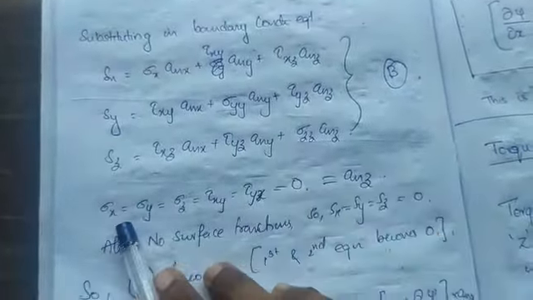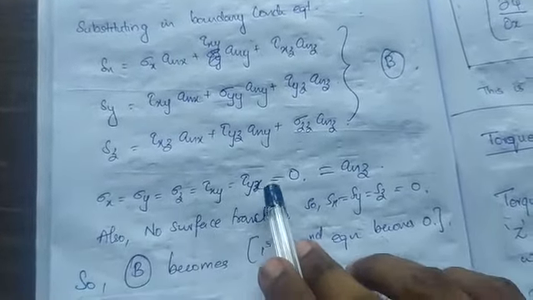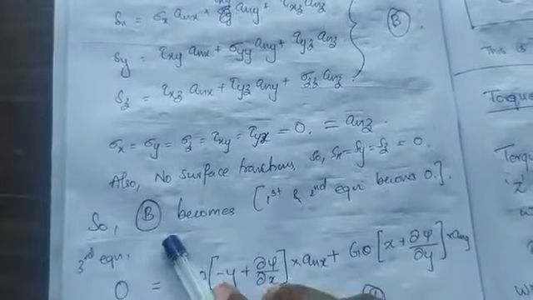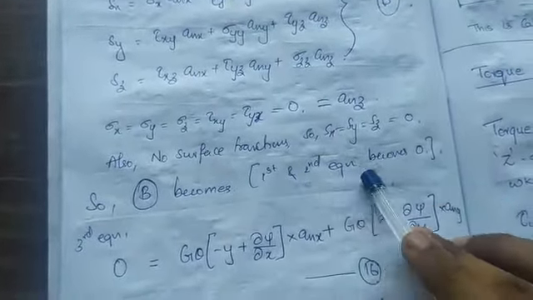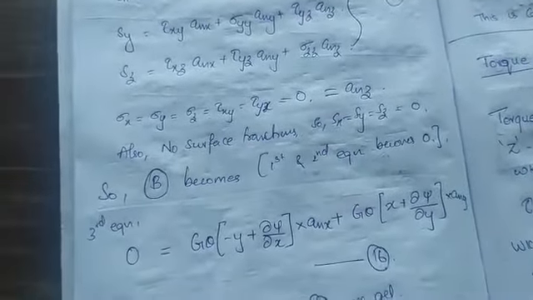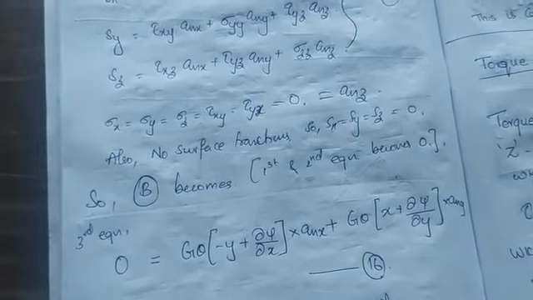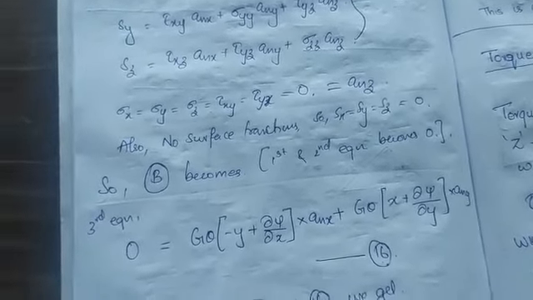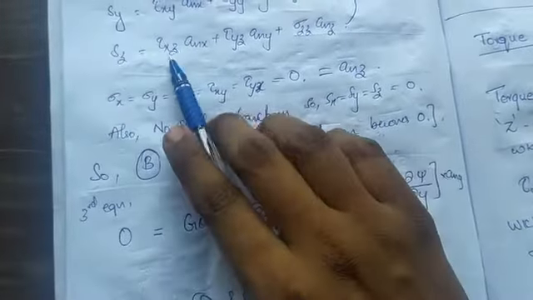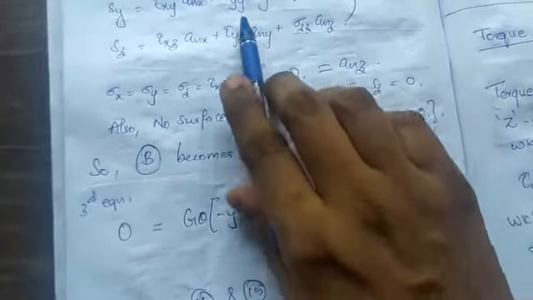From here also, tau xz, tau yz, and nz is equal to 0. These two terms cancel and the first and second equations become 0. In the third equation, sz, there are no surface forces acting in this case, so sz is also 0. Sx, Sy, everything is 0. So you will be left with these two equations.